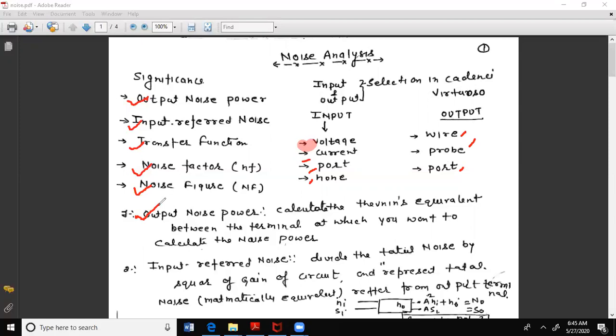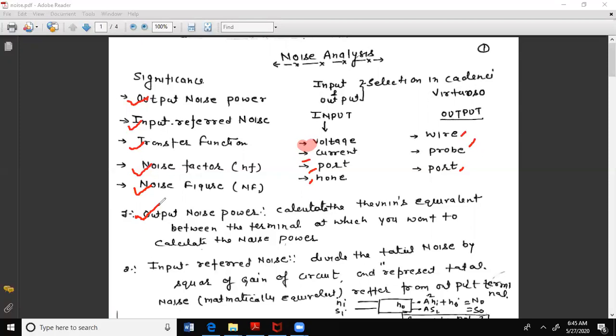Output power noise is the total output noise at the output terminal contributed by the noisy elements present in the circuit or the amplifier, because a circuit has a number of elements and each element contributes noise. So total noise at the output terminal is the summation of noise of the individual elements.